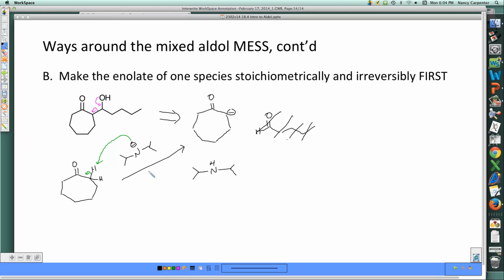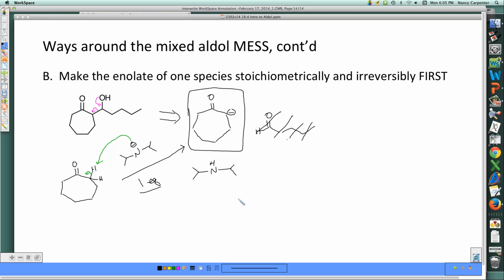Comparable in stability to the lithium diisopropylamide. So I can add one equivalent of lithium diisopropylamide to this ketone, make sure everything has been deprotonated, I'm all the way to my enolate, and then I can drip in my aldehyde and get my desired product.